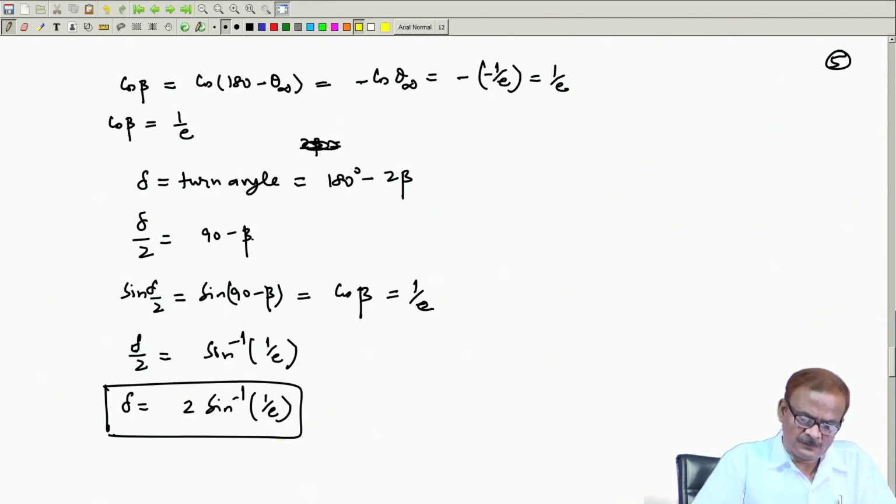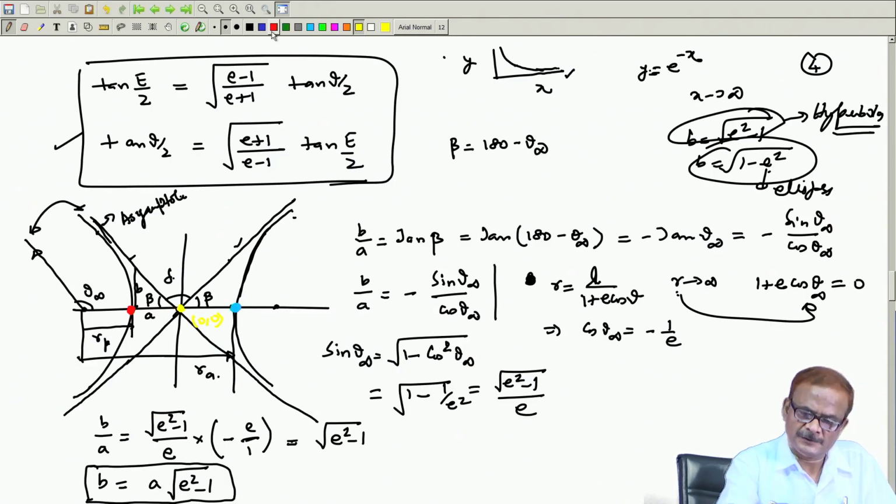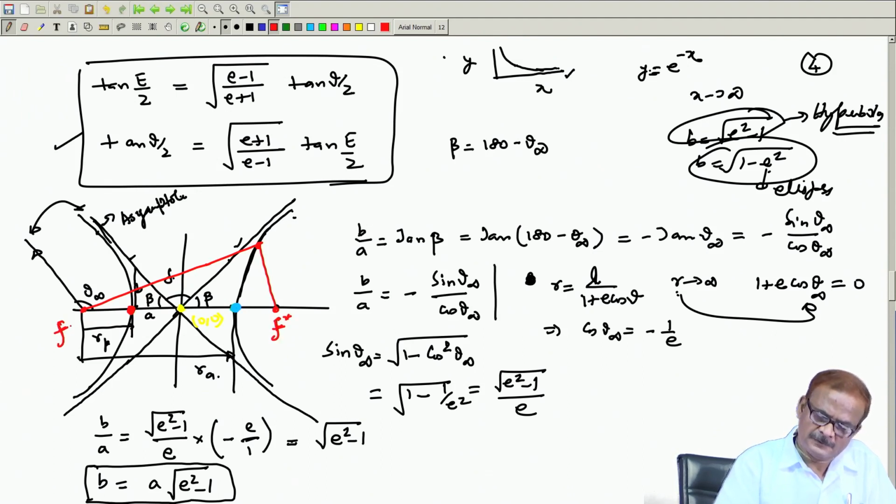Also, if you notice, we have shown the distance from the focus to any point on the hyperbola. Say we take a point here, call it P, and then we join the other focus. This is f, and this is f star, or we will show it by a small f.